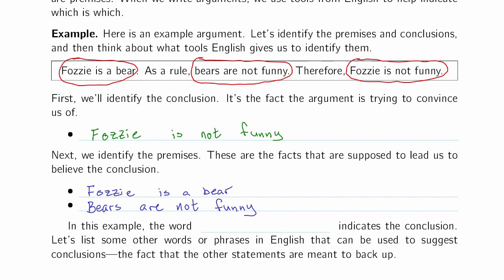So the person making this argument was thinking, everybody knows that Fozzie's a bear, and everybody knows that bears aren't funny. I can draw on those facts to convince my audience that Fozzie isn't funny.